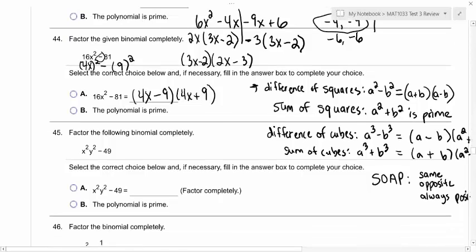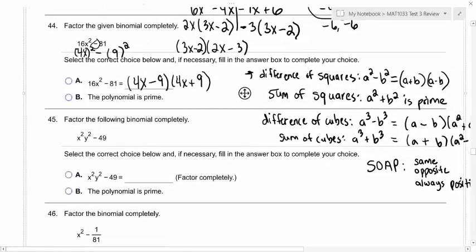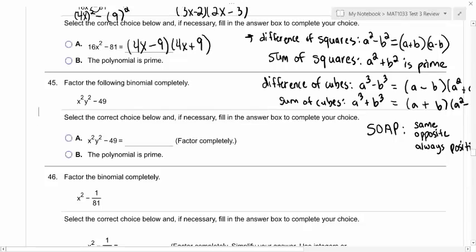Okay, what about number 45? Is that a sum or a difference? Difference. And then are those perfect squares or perfect cubes? Squares. Squares again. Okay, so what is the square root, or what is being squared, for the first term? The xy. xy, good.